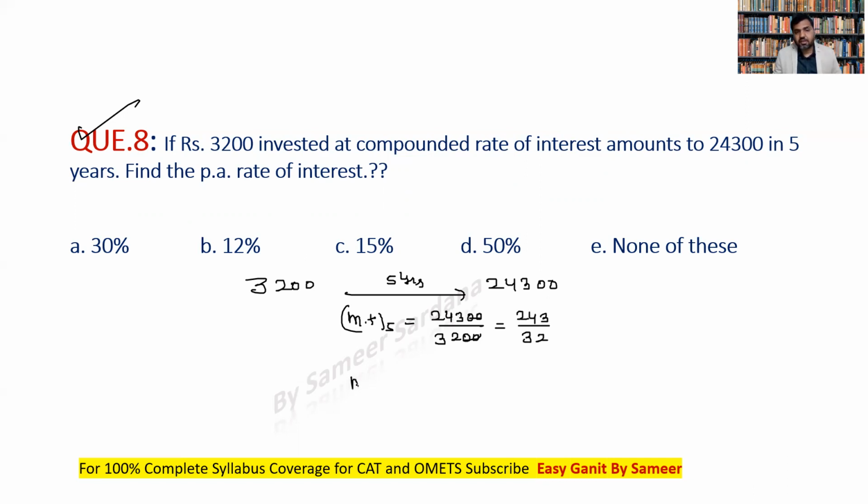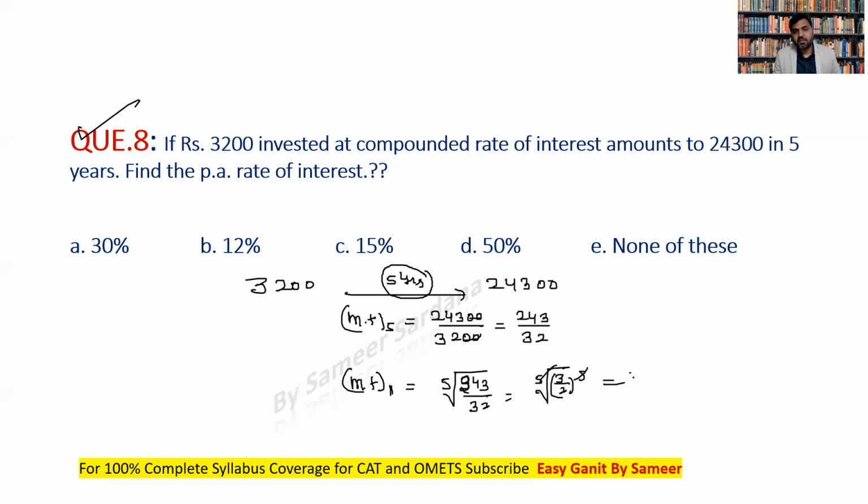Now this is the multiplying factor for 5 years. If I have to find the multiplying factor for 1 year, it has to be the fifth root of it. Why? Because I want 5 years to convert to 1 year. So this will be 243 upon 32, that is the fifth root of 3 upon 2 raised to power 5.